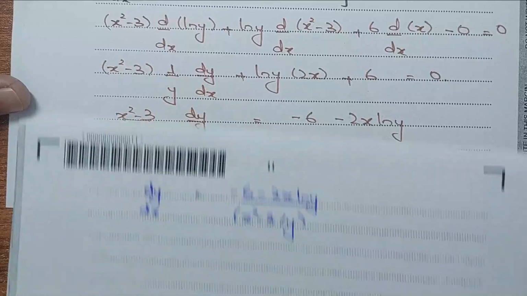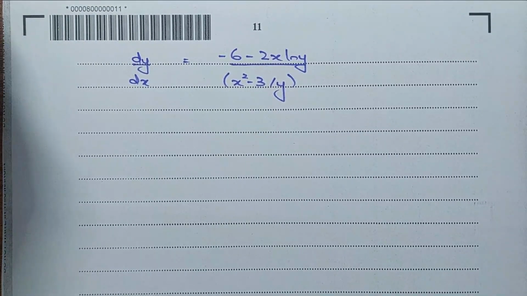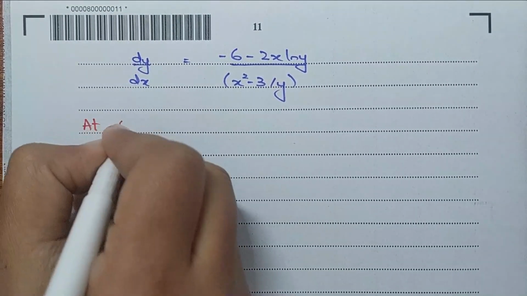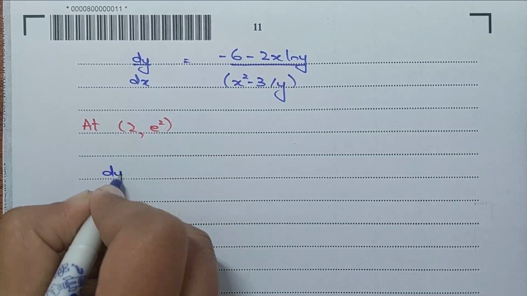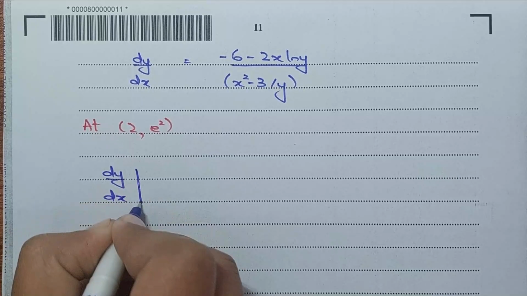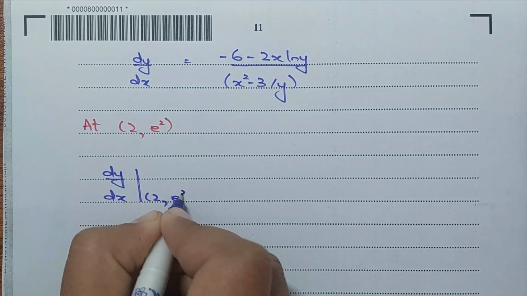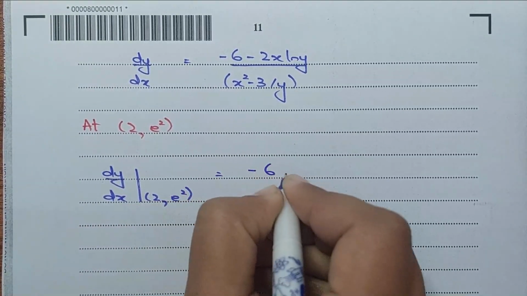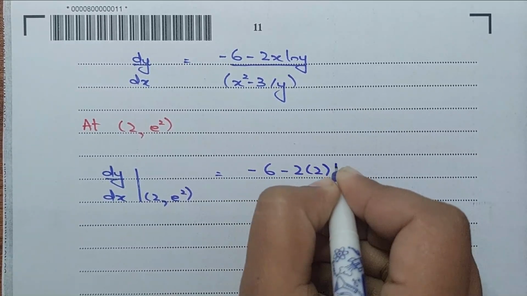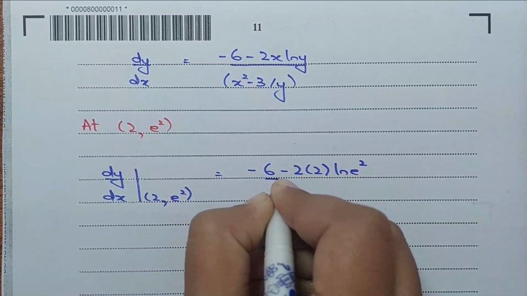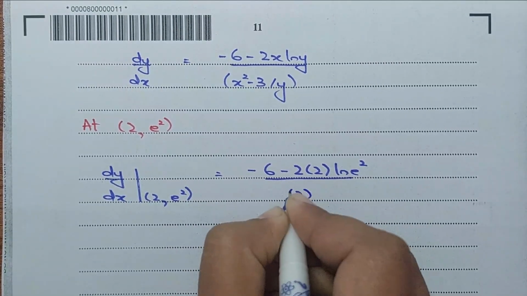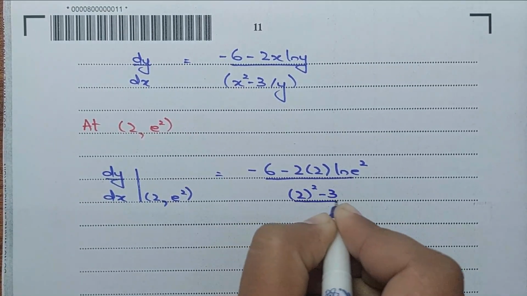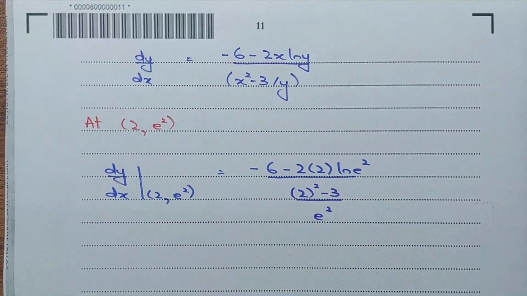Now we need to figure out the gradient at this point, 2 and e square, right? So at the point 2, e square, dy over dx, the gradient of the curve at the point where the x coordinate is 2 and the y coordinate is e square, is minus 6 minus 2 times the x coordinate 2 times ln of the y coordinate e square, whole divided by the x coordinate 2 square minus 3, divided by the y, which is e square.